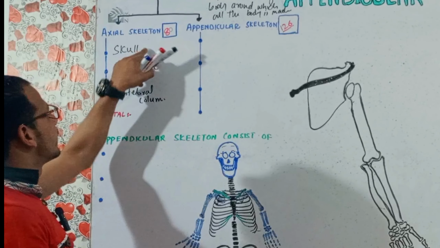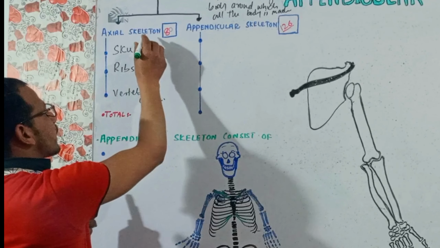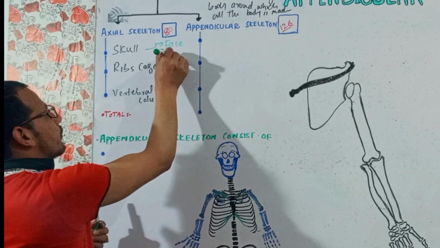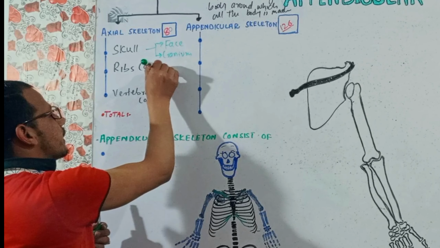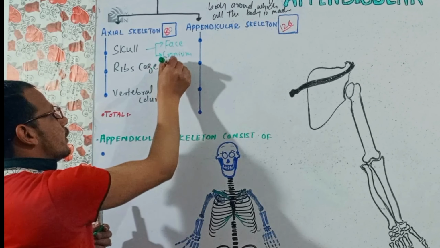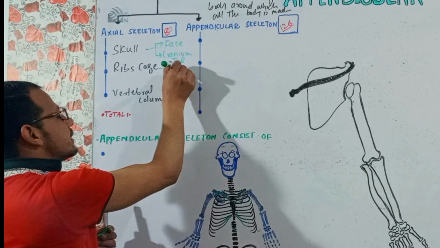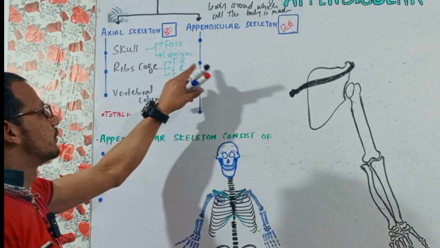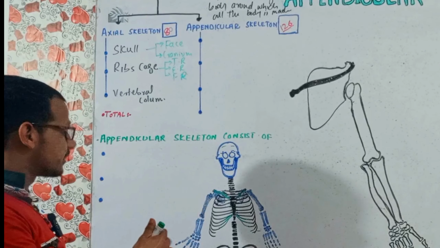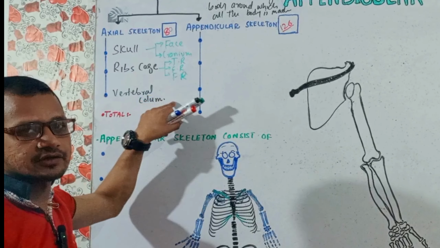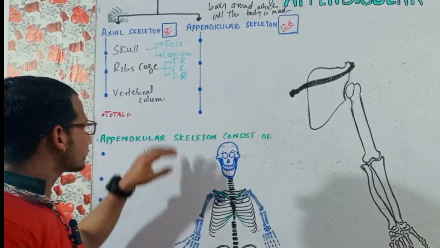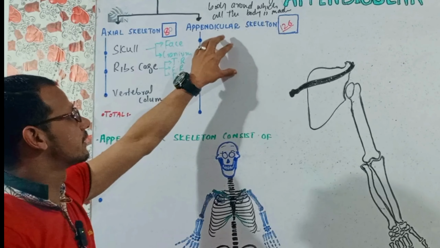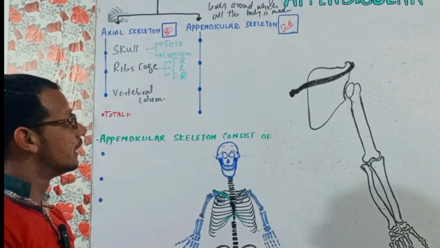The skull is further divided into face and cranium. The rib cage is divided into true ribs, false ribs, and floating ribs. We have discussed this in the previous lecture. The vertebral column is further divided into 5 regions and is composed of 33 bones. Now in today's lecture we will talk about the appendicular skeleton.